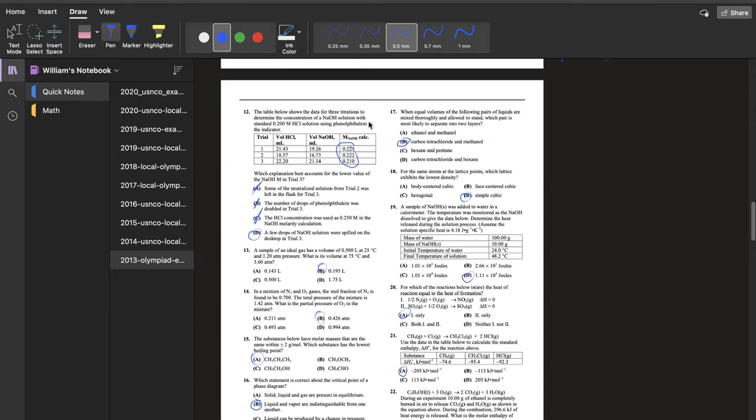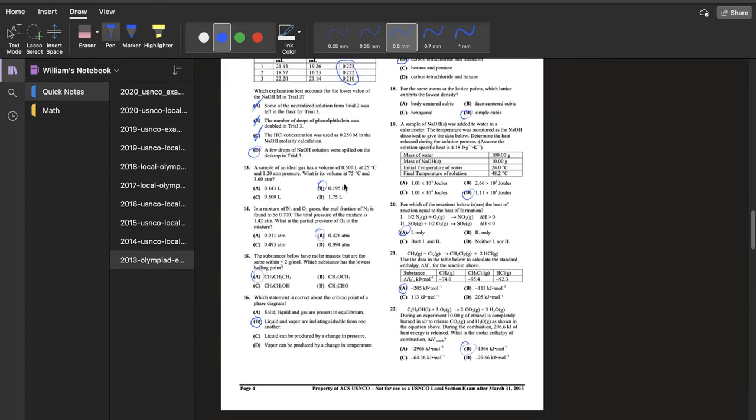But since you have less moles, that means it's going to take less volume of acid to neutralize it, and you'll think that you used less moles of acid, therefore. So a lesser mole value over the same volume value is a lesser concentration value, and that's why you would choose D.